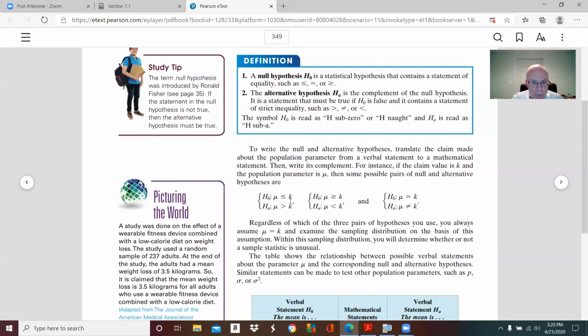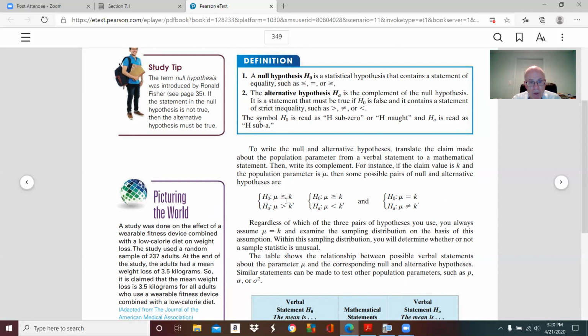Now, in the textbook here, they made a mistake. It should just say k here. There shouldn't be an apostrophe there. When you do a hypothesis test, one of the rules is that these numbers here have to match. This k and this k with an apostrophe, they have to be the same number. So they shouldn't have put an apostrophe there. They should have said k. Both of these numbers have to match. They have to be the same number.